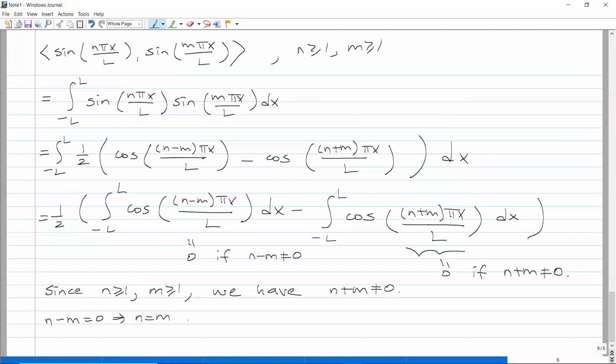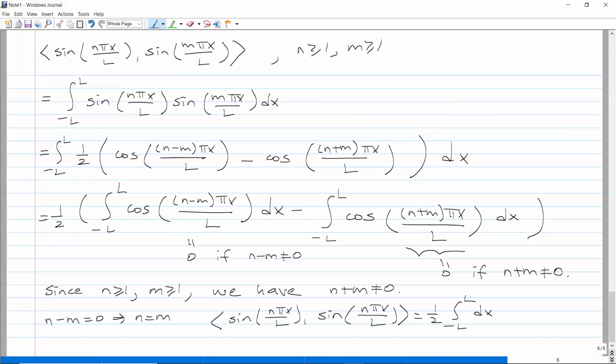And in this case, the inner product of sine n pi x with itself is going to be 1/2 integral from minus L to L. When n minus m is 0, this whole thing is 0, but cosine of 0 is 1.